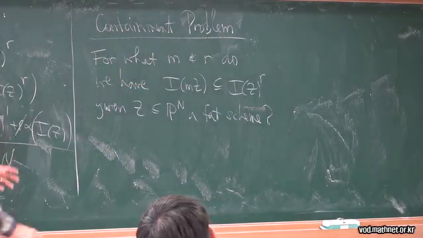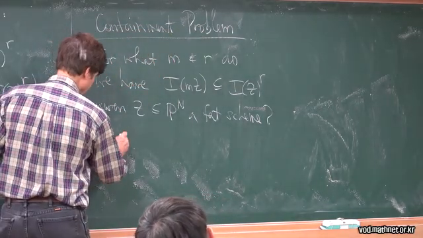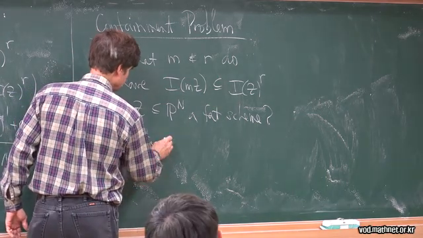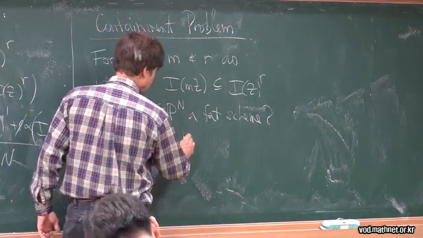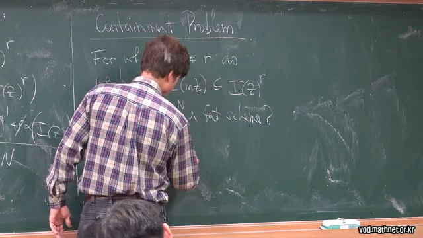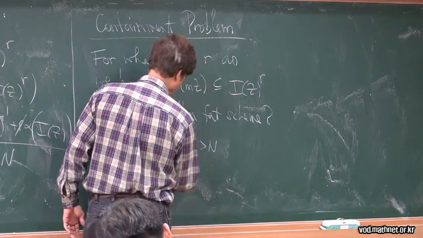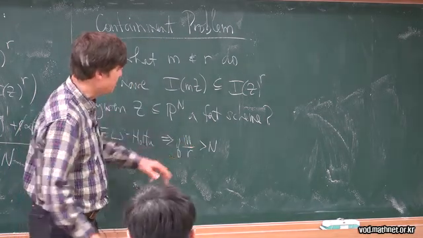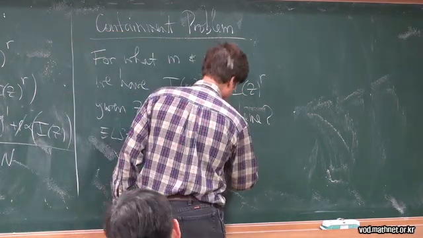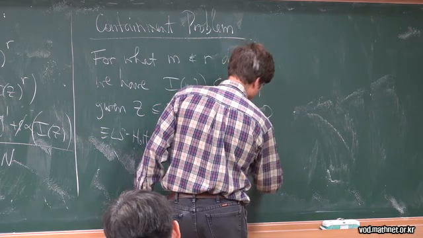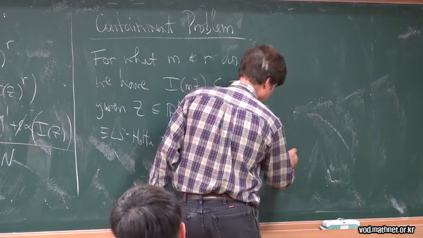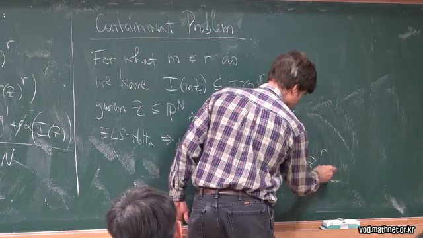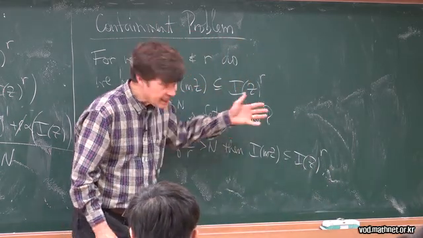The result of Ein, Lazarsfeld, Smith, and Hochster and Huneke implies that if m divided by r is bigger than N, then that containment holds.